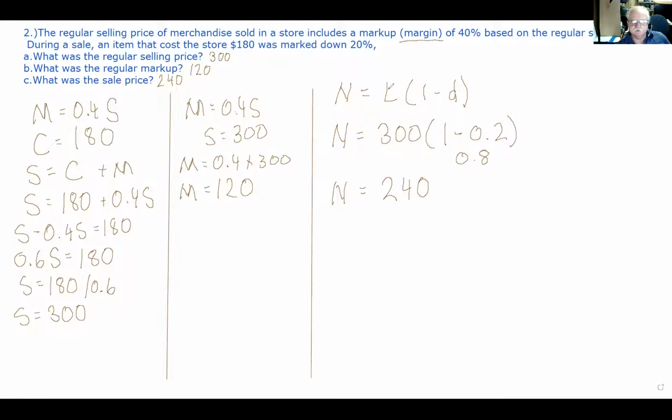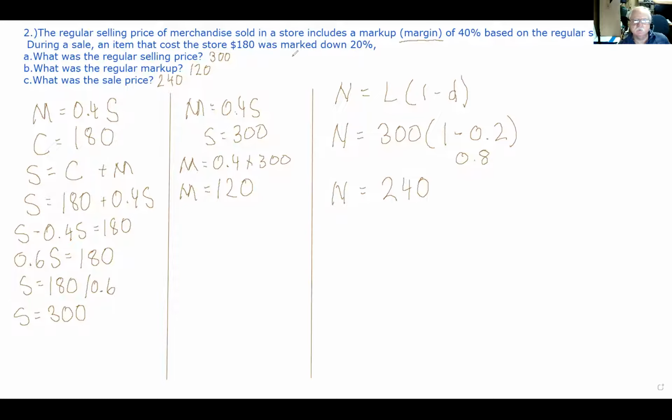But in order to use it in this scenario, we treat the higher price, the regular selling price, as the list price. So we make L equal to 300 and the sale price is the net price, because in the first part of chapter 5, they talked about putting things on at a discount.